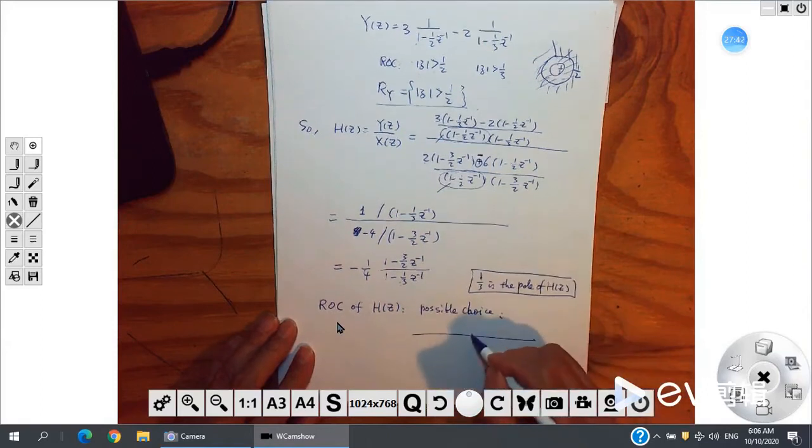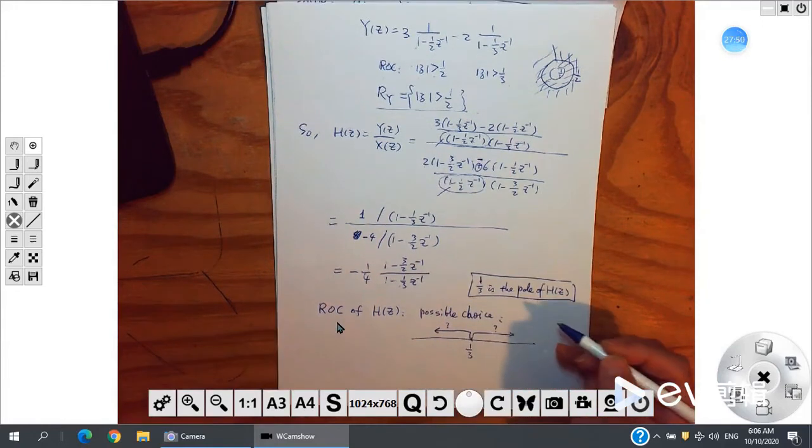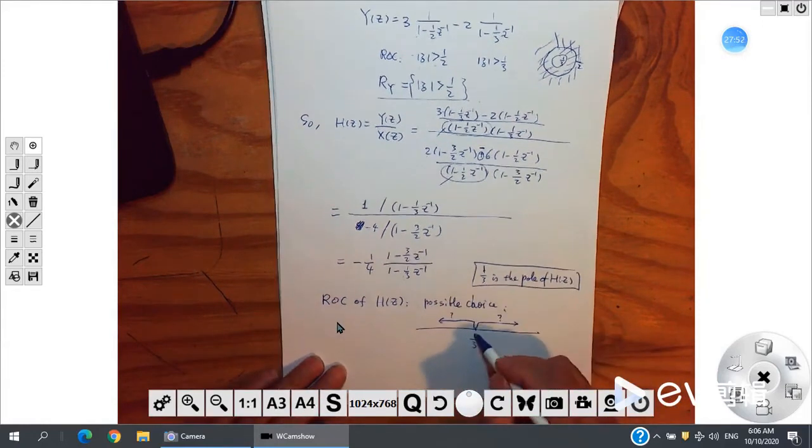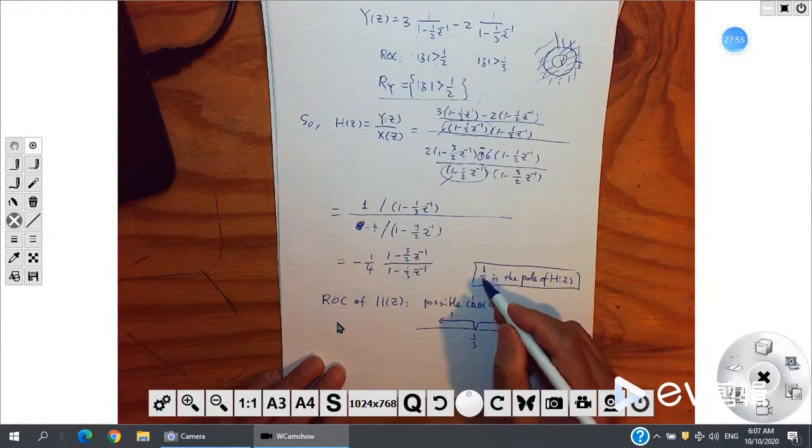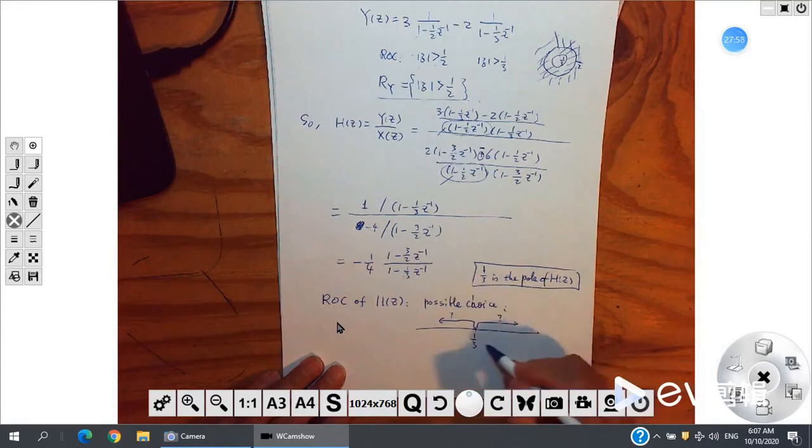So you will have 1/3. Then you have two choices, here or here. The ROC will be z larger than 1/3 or smaller than 1/3. Yeah, you check the pole. So the ROC will be either this one or that one. Which one will work?